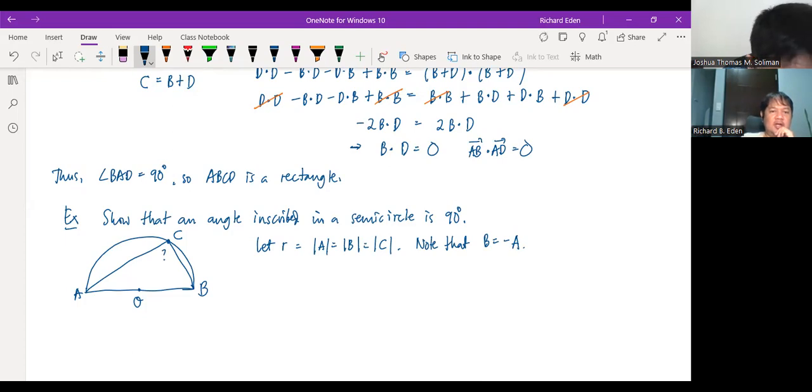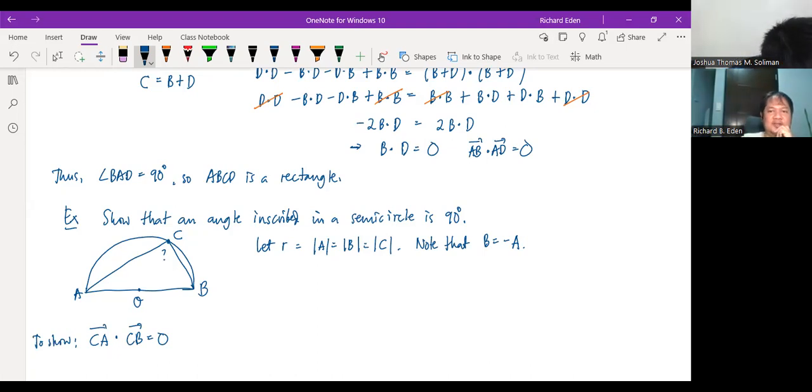In other words, we should show that vector CA dot CB is equal to 0, because that's what perpendicularity is. So we have now reduced that to showing that a dot product, CA dot CB, is equal to 0.